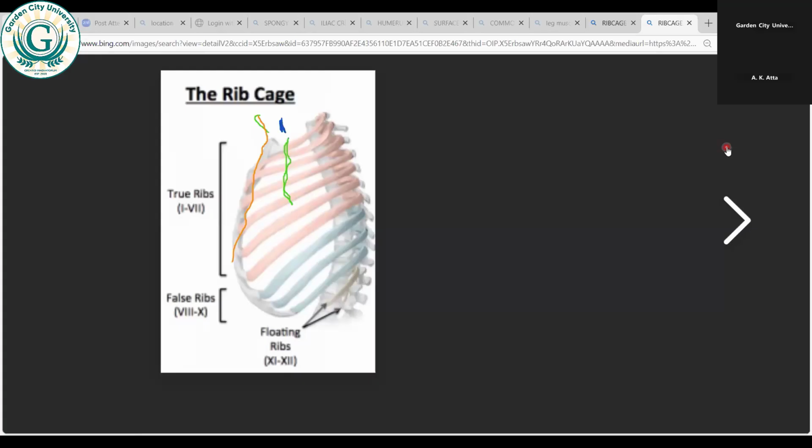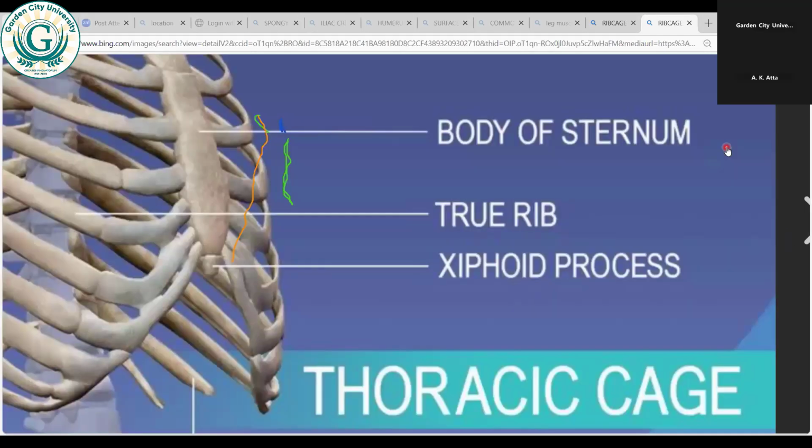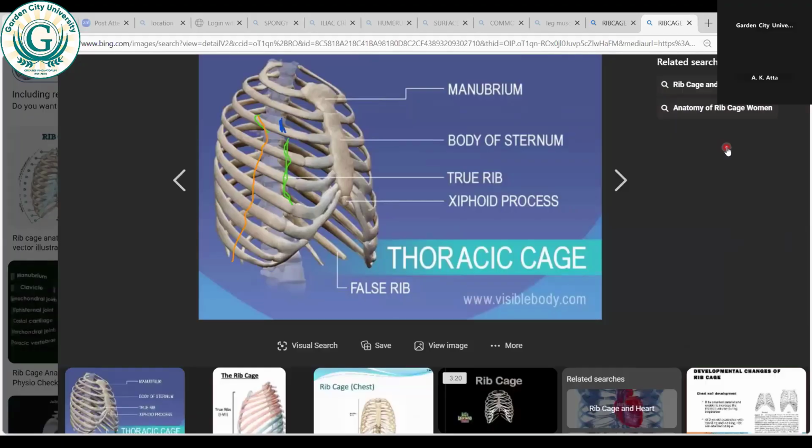So primary means synchondrosis. Secondary is what do you call it? Symphysis. Primary or synchondrosis is a hyaline cartilage that's uniting the bones. And symphysis or secondary cartilaginous joint is a fibrocartilage that is uniting the bones.